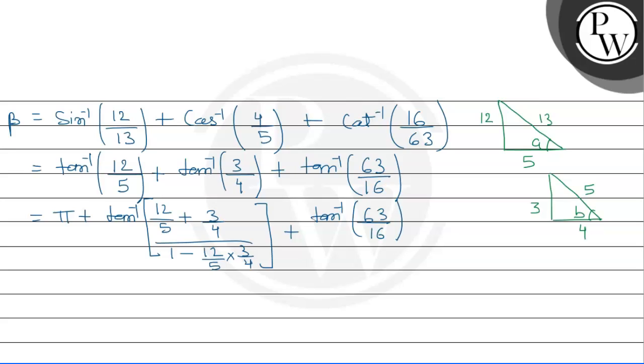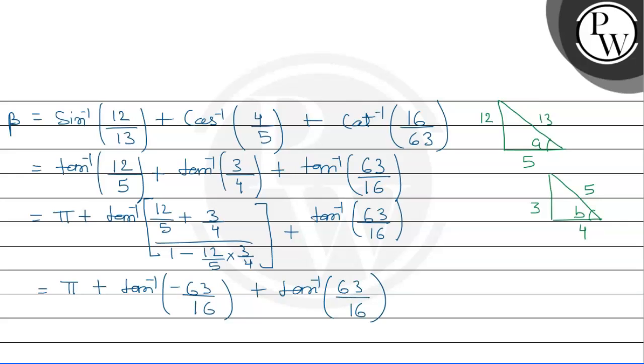Okay, so if I solve this, this will be pi plus tan inverse minus of 63 upon 16 plus tan inverse 63 upon 16.